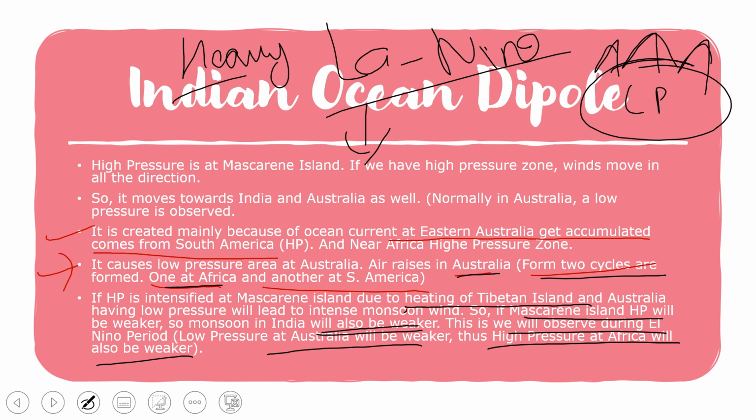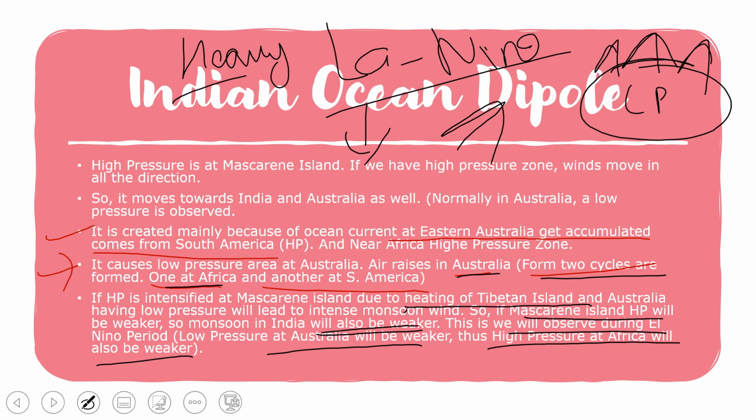So you will get flood in the Africa region, heavy flood in the Australia region, and flood also in the monsoon of India, because it will push the Indian monsoon with very intense force, because the pressure gradient force will be very high.